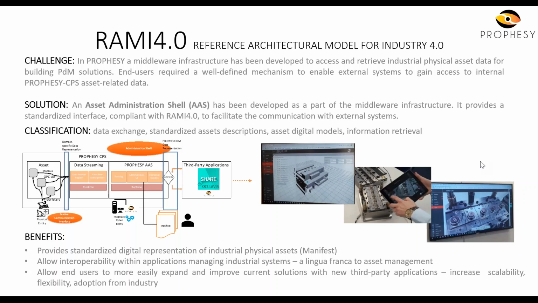Actually, this component delivers a machine-readable technology and device-agnostic description for a physical asset, and provides all the necessary mechanisms to allow an external application to get access to the data that are part of the middleware infrastructure.